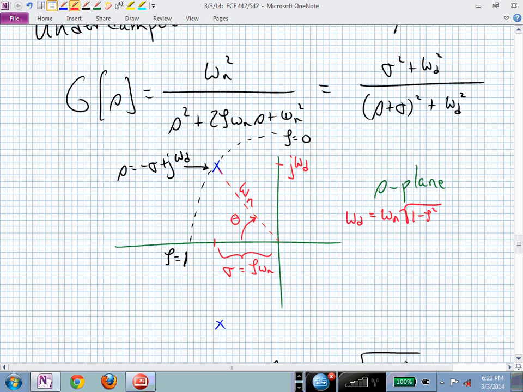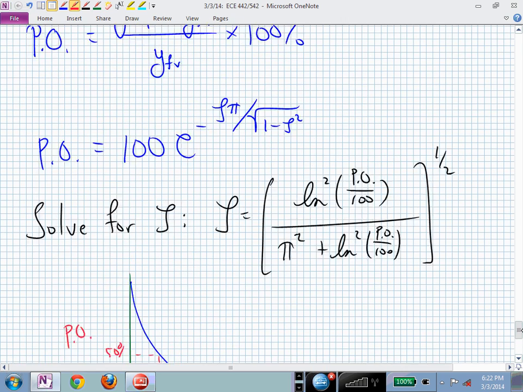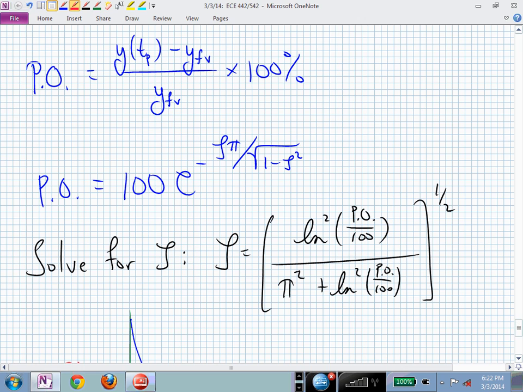That's zeta omega sub n. Our hypotenuse is omega sub n, and everything's going to fall out. That's why we've defined that theta. If you look at this, we could now say that the cosine of theta, so if somebody gave you your poles, you could determine that angle theta, and then you have zeta. Once you have zeta, you could plug it in to this equation to get your percent overshoot if somebody said, what's your percent overshoot? And this is all based on a pure two-pole system.